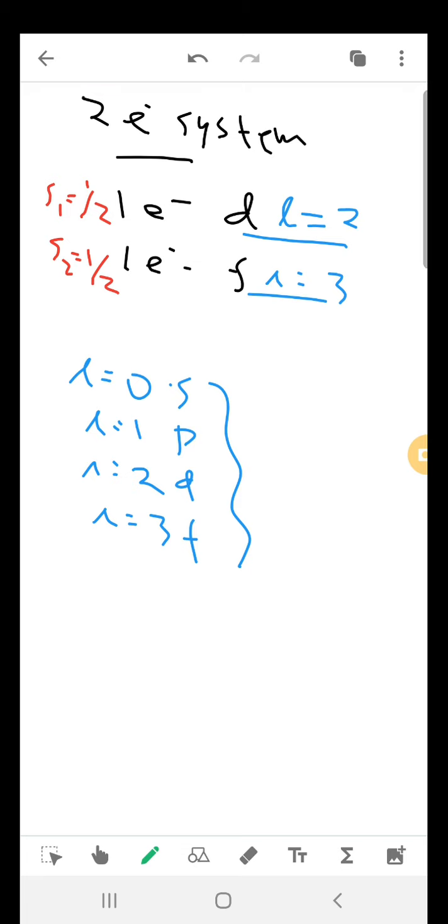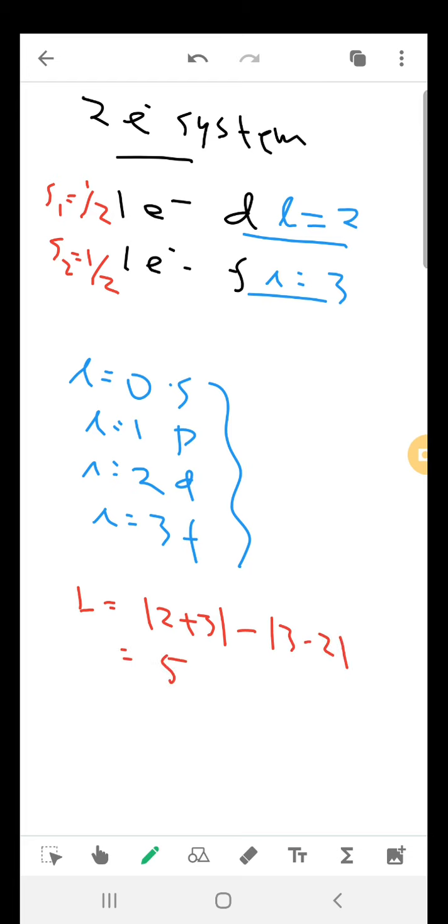Now the possible values of L will be the vectorial addition of these two. So it will be 2 plus 3 maximum, and 3 minus 2 minimum.